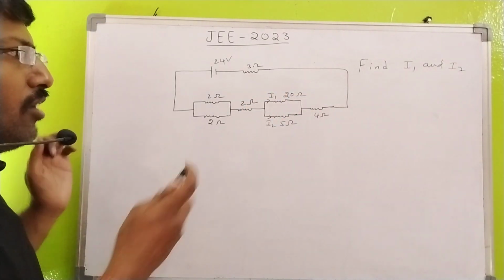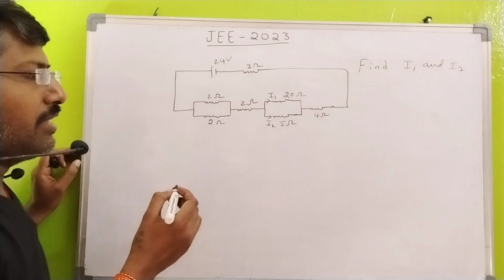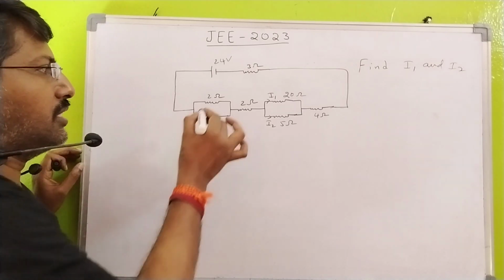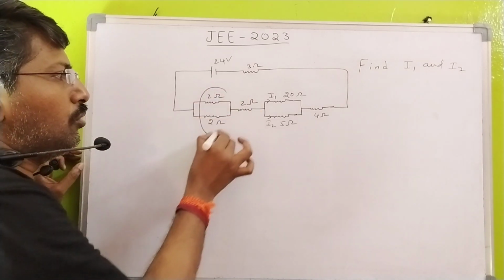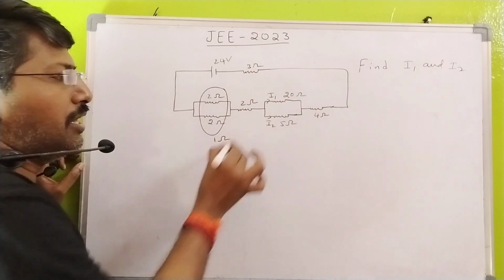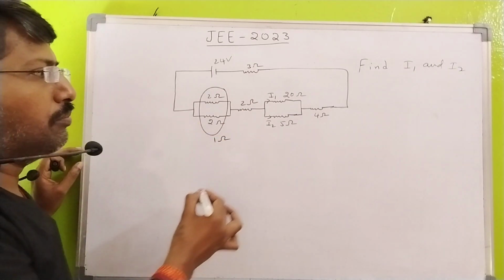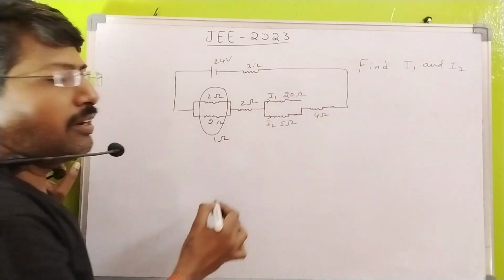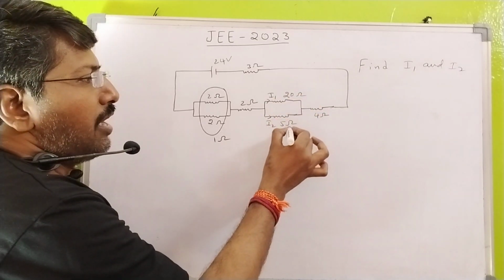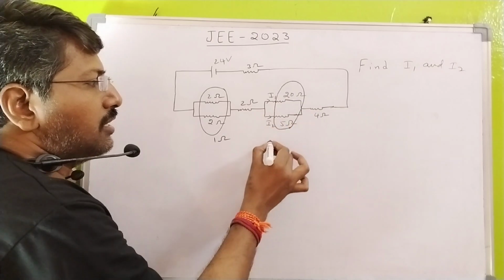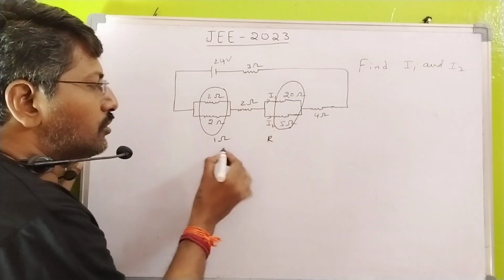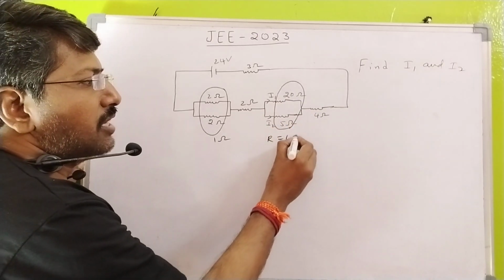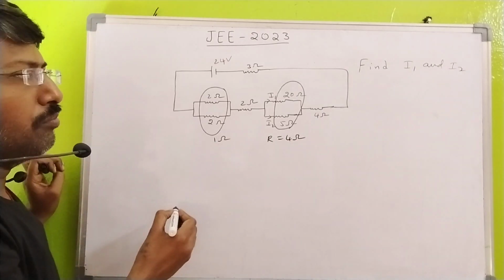See here, I will tell you how to solve this problem. First I will calculate the effective resistance. So here 2 and 2, you will get 1 ohm in parallel combination. So if you observe here, this is the 20 and 5, so effective resistance is 4 ohms, here 1 ohm.